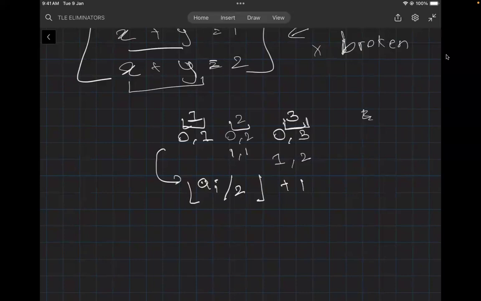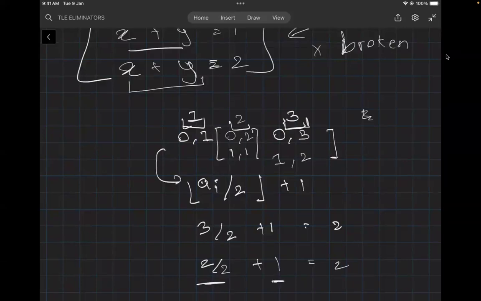Basically, when Ai was 3, 3 divided by 2 is 1, plus 1 is 2. So you can see we can make 2 pairs. Similarly, 2 divided by 2 plus 1 is nothing but 1 plus 1, 2. And as you can see, we can make 2 pairs, right? Is this much clear, guys?